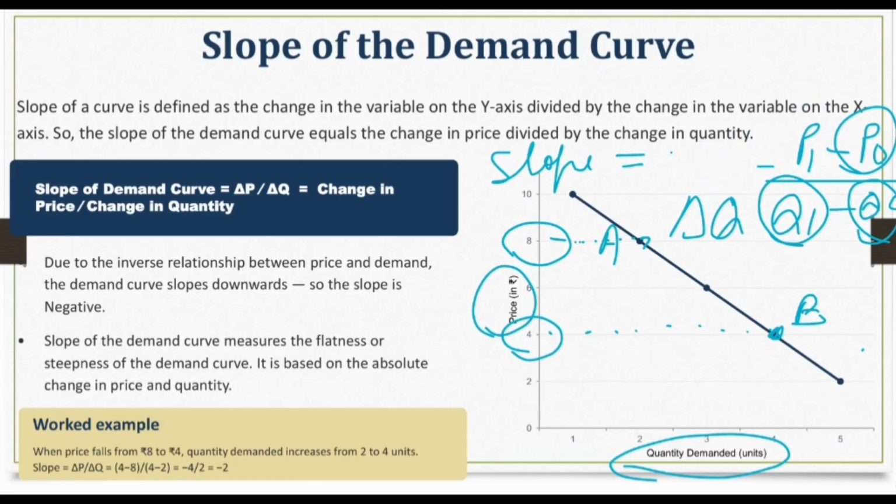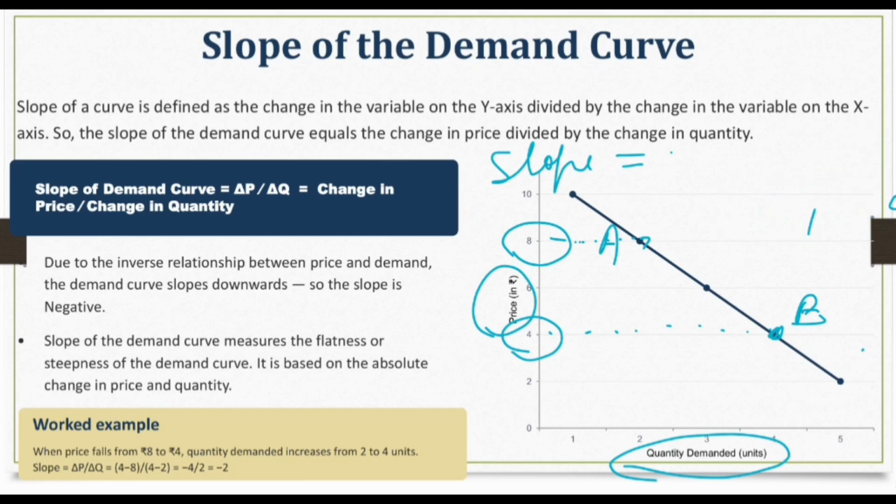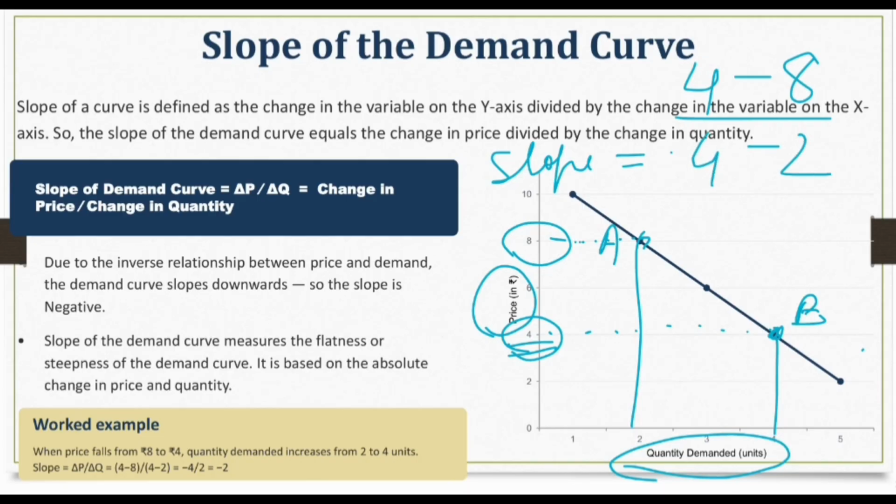Now it is very cluttered. Let me remove it. Now we are going to calculate. Here the new price came out to be 4, and the old price was 8. Here the new quantity demanded is 4. Earlier it was 2, so 4 minus 2.